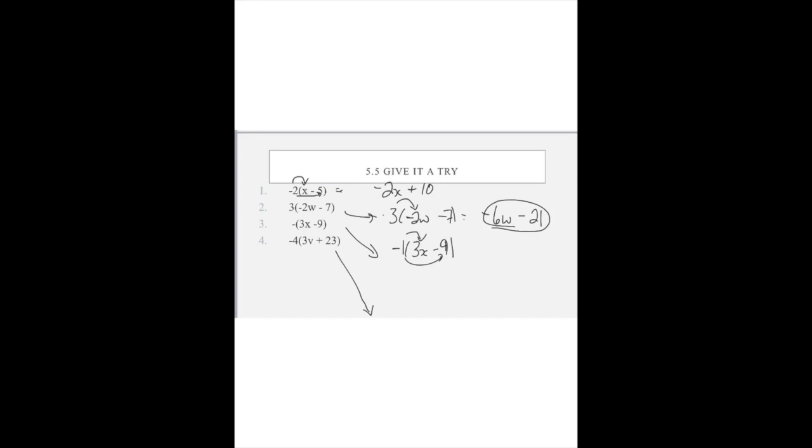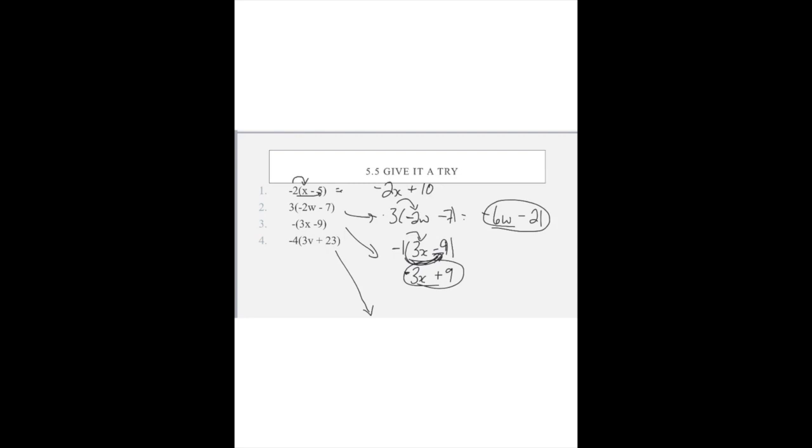And so if we take negative 1 times 3x, we get negative 3x, and we distribute negative 1 times negative 9, so it's a negative times a negative equals a positive, so we get a plus 9. So our final answer in this one would be negative 3x plus 9.